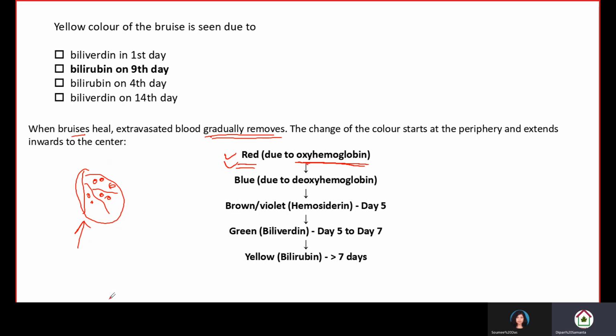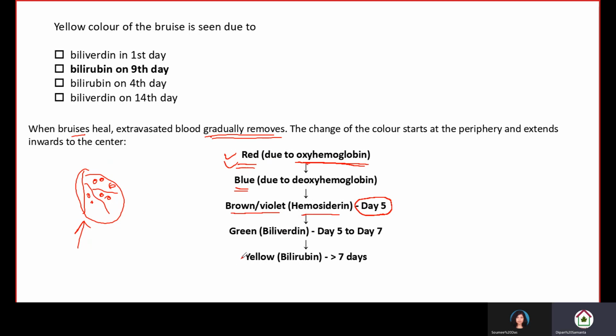Then this blood is not getting refreshed, not getting reoxygenated. So the oxygen will get finished and gradually CO2 will accumulate and it will become blue. And then on day 5, it will become brown or violet due to the presence of hemosiderin.